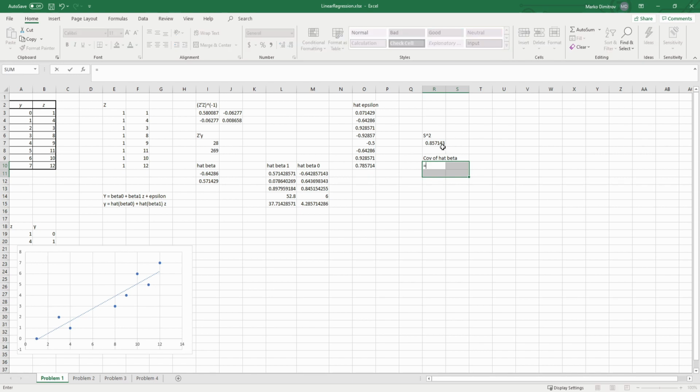So we need to multiply s squared with our matrix z transpose z to the power of minus 1. So this is our covariance matrix. What do we have on the diagonal? So this is variance of this one. This is covariance between these two, right? It is symmetric as it should be. And this is variance of this one. So the first one is of hat beta 0, the second one is of hat beta 1.